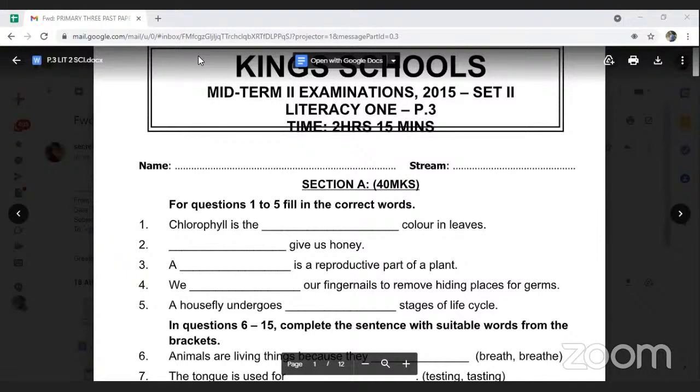It is the part that a plant uses to produce another plant. So it is a flower which enables a plant to produce the seeds, which seeds will be planted again to get that very plant. As simple as that.